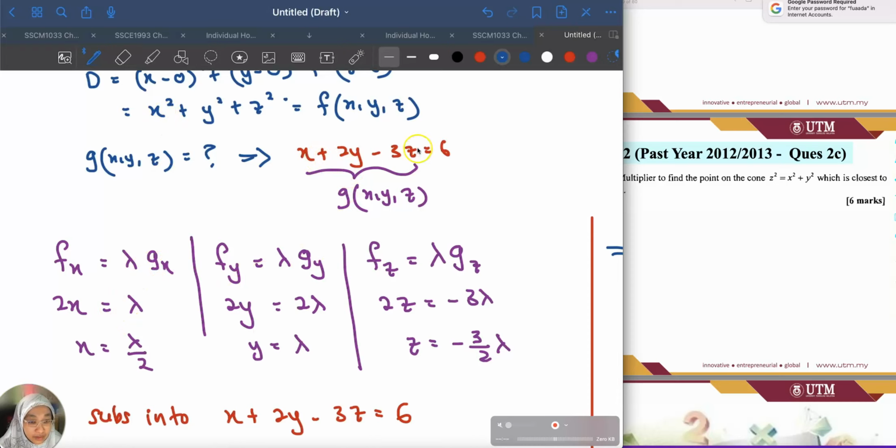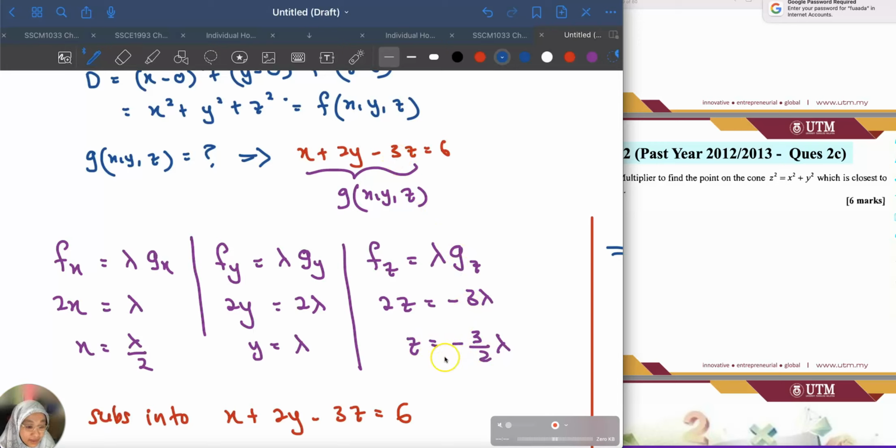Differentiating only the left side here with respect to x, you get 1, so that's why you have lambda times 1, and x equals lambda over 2. For the second component, fy, you get 2y equal to lambda times gy, which is 2, so y is lambda. For the third component, fz, you get 2z equal to lambda gz, which is minus 3, so z equals negative 3 over 2 lambda.